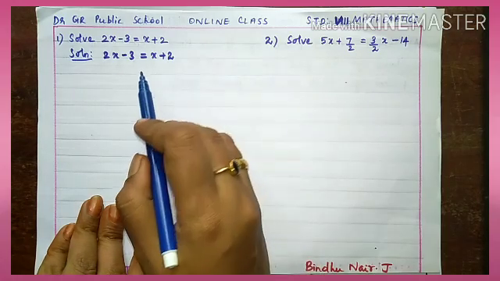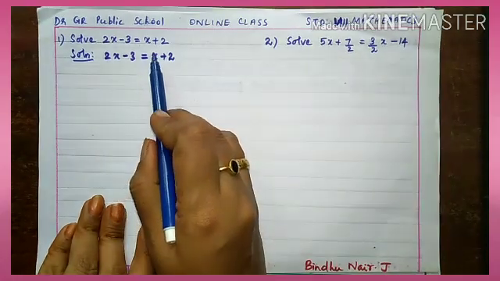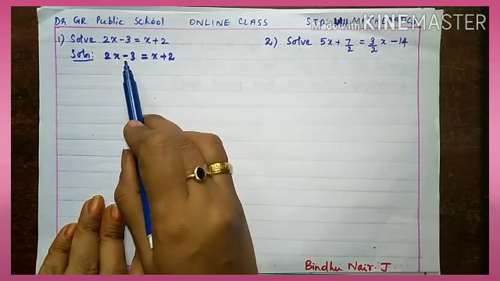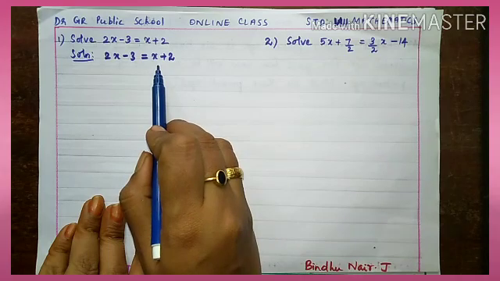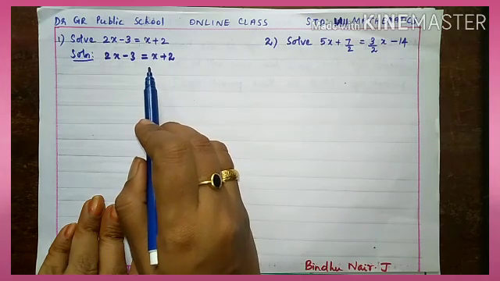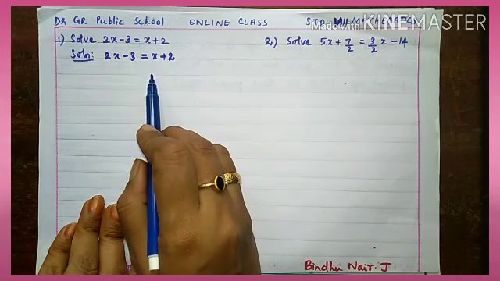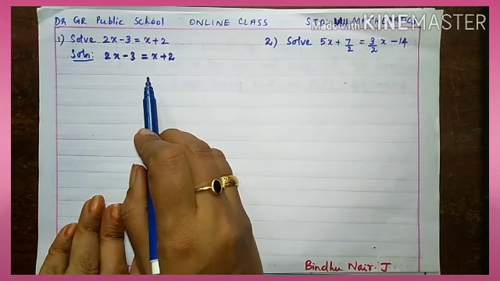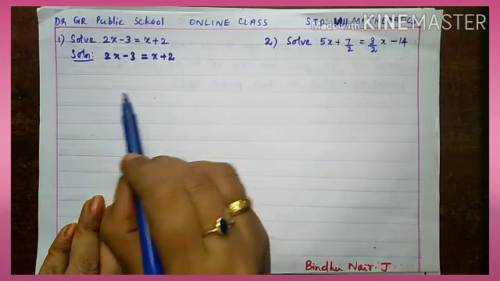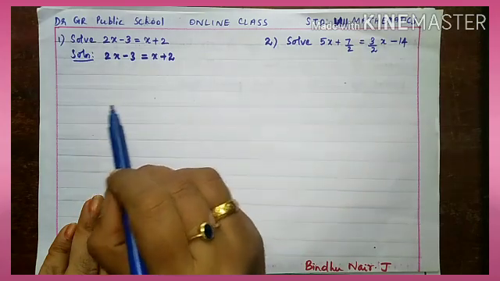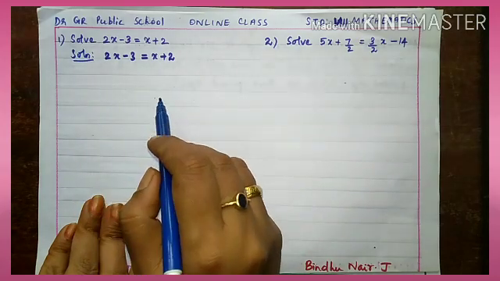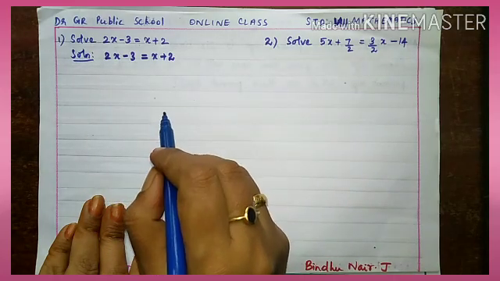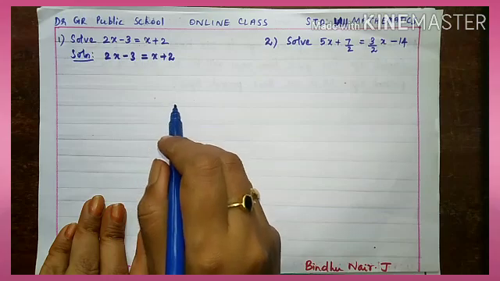Now we are taking this x to the LHS and this minus 3 to the RHS. This is transposing. Whenever we transpose, the sign of the term changes: positive becomes negative, negative becomes positive. Similarly, multiplication on transposing becomes division, and division becomes multiplication.